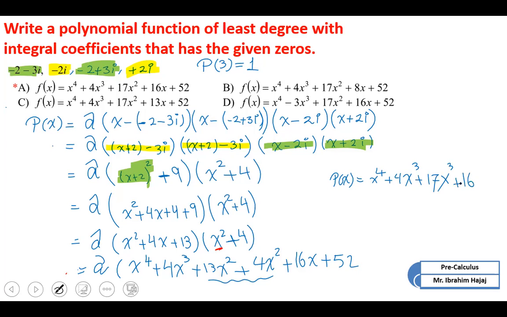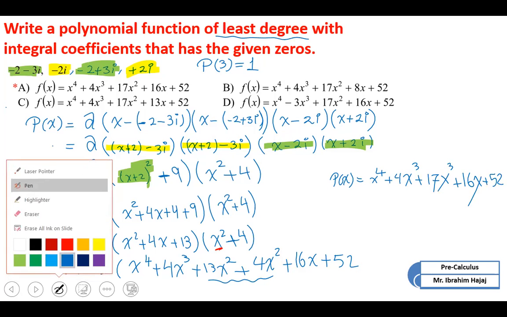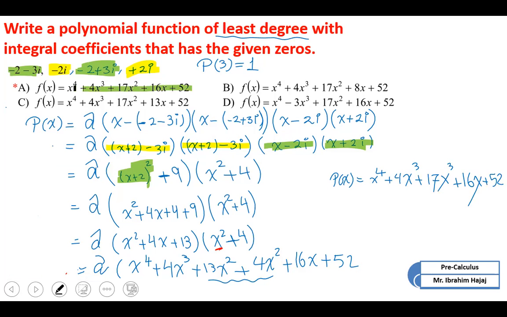So it's letter A. Yeah, and maybe it depends on a function of least degree. So your answer here simply will be letter A. Okay, guys, it's a very long answer, but you have to follow these steps all the way to reach your final step and to pick your correct answer.